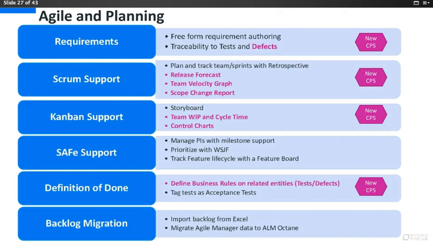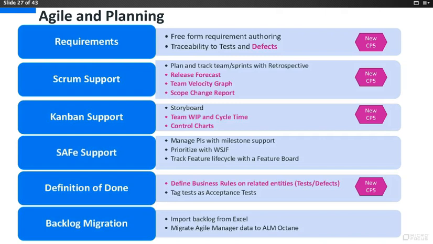Octane is built to support multiple methodologies, but it's very much aligned with the scaled Agile framework. We'll talk about it a bit later, but for now, what you can do for SAFe is really create those PIs, program increments, and create milestones within those PIs for your deliverables.